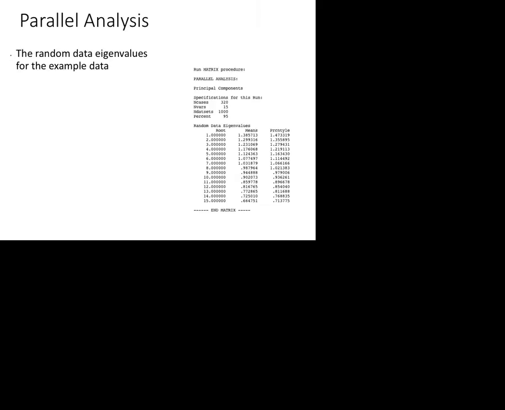Now we're going to look at our second component, 1.72, and the junk data had 1.36. Do we keep it or not? Is it greater, good, or bad? Slightly better, but good enough, right?